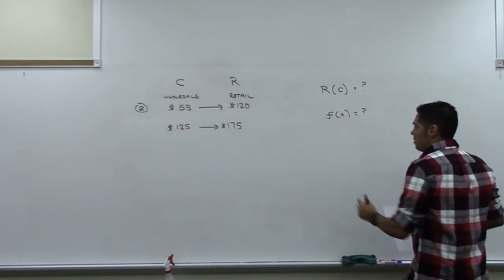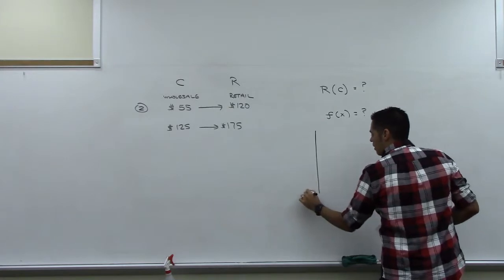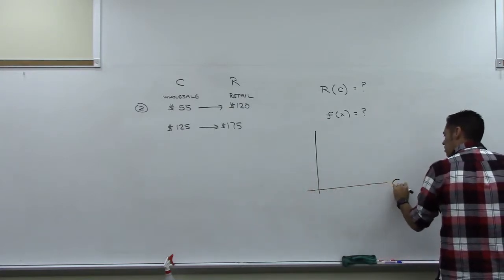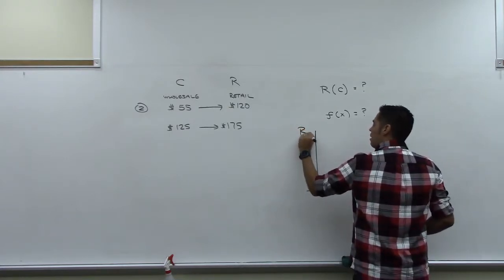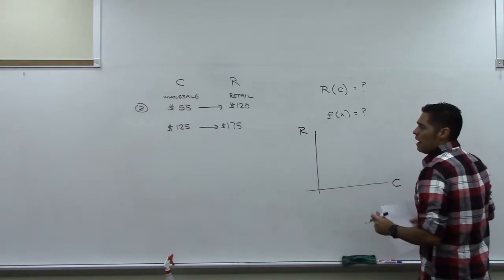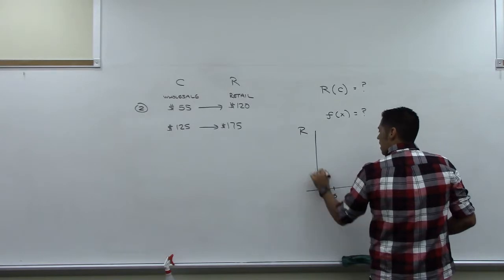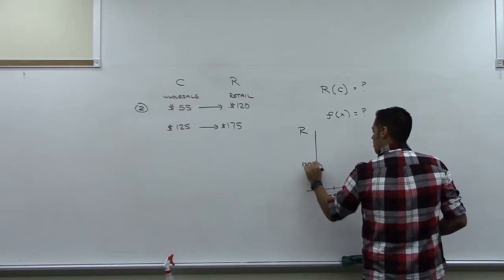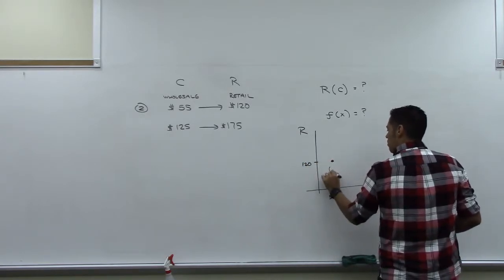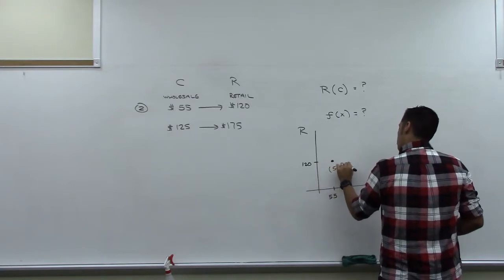So think about this linear, and visually what's happening is this. We have the wholesale cost and the retail cost. If we bought the drug for $55, then sold it for $120, you could look at that as an ordered pair. It's the ordered pair (55, 120).